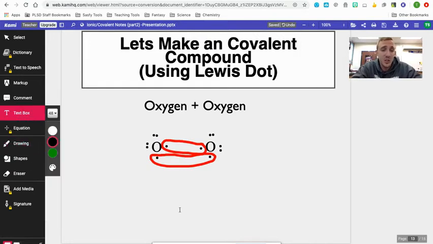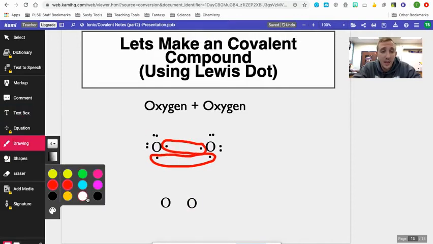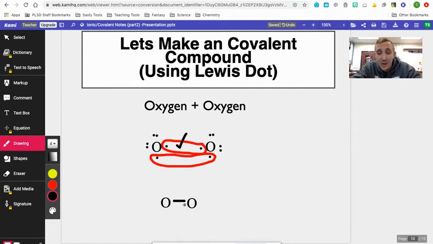And so the easiest way to draw this is I'm going to go ahead and put oxygen, and I'm going to put oxygen. Now, we know that these 2 pairs are going to make a bond, so I'm going to go ahead and draw this bond. So I've gone ahead and drawn this bond. Now I'm going to show this bond. And so these oxygens are actually going to have a double bond. Okay, and so I've now shown both bonds.